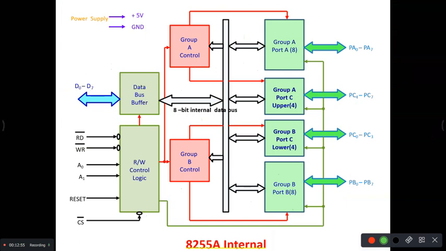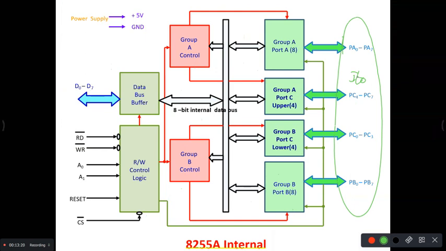Port B is completely another 8-bit port. But port C is divided into half upper and half lower. Okay. That is what this is about your ports. This is the output side. Okay. In this place, your IOs are connected. In this place, all the IOs are connected. Hope you understand this.